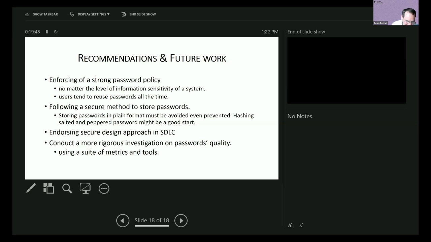Omar, you said that it is important to not reuse the password several times. How can you find a metric on this kind of reuse? Because you just see the password, for instance, for 1 year.